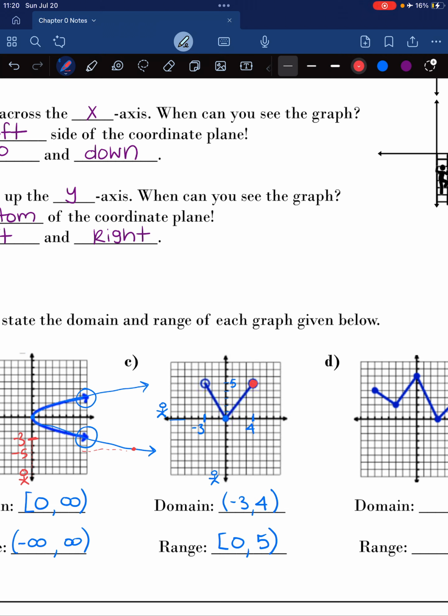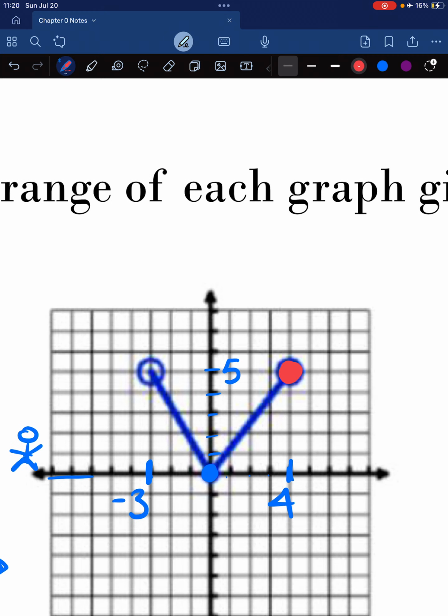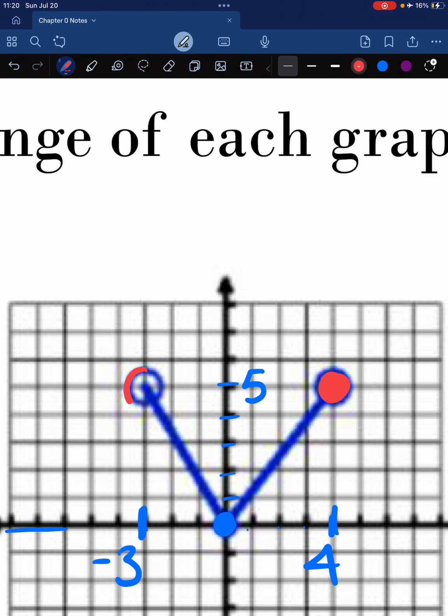Sometimes you end up in an interesting situation where one of the dots is closed, but one of the dots is open. And even though I can't actually equal 5 over here for the y value, right? So I could equal like 4.999.